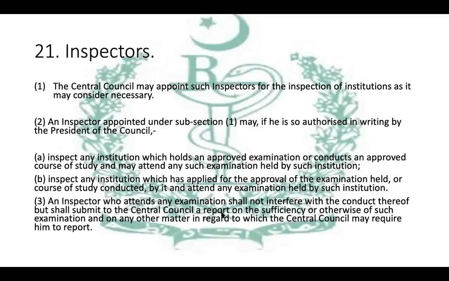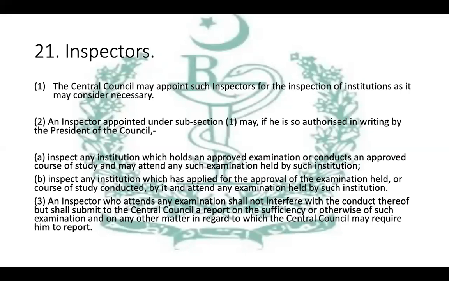Now, section 21(2) says, an inspector appointed under subsection 1 may, if he is so authorized in writing by the president of the council, which means that the panel inspector must be appointed by the president. They must be notified by the president. It is not verbal; he must be given written notification, written orders, in such a way that the inspector has been appointed. It cannot be said verbally, yes, you go over there. They must appoint the inspector in writing.